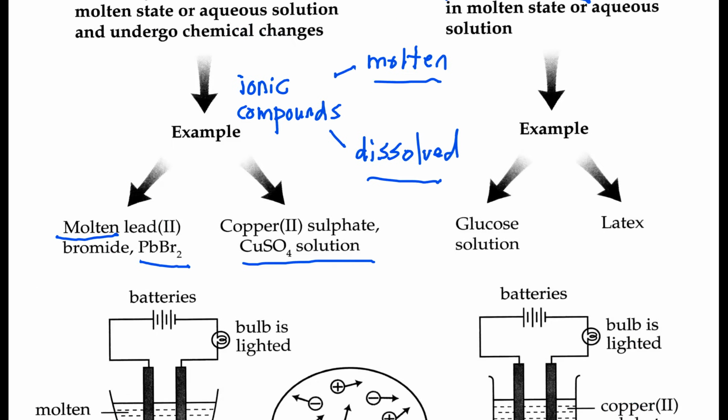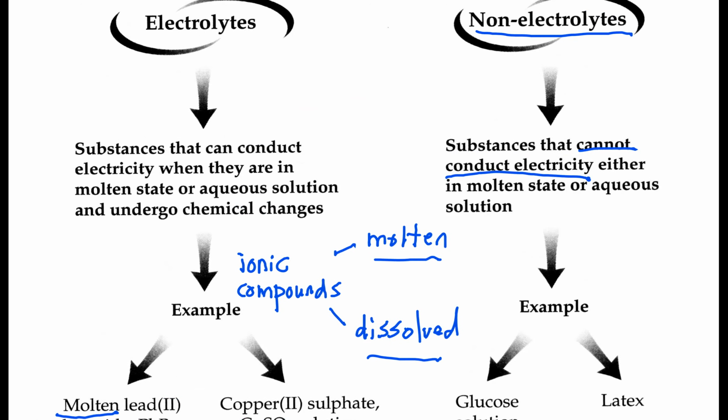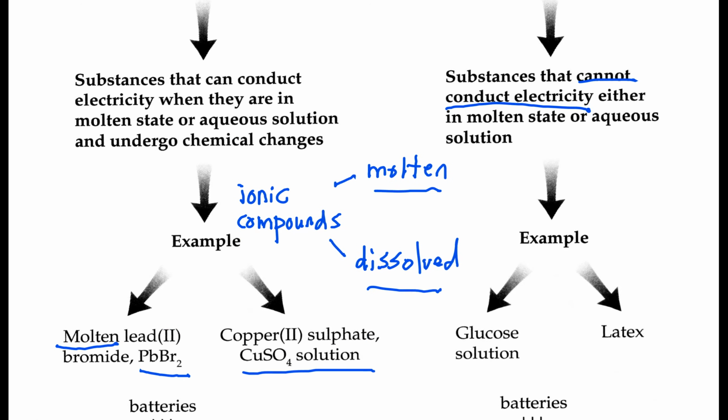Finally, we look at non-electrolytes. Non-electrolytes are usually covalent compounds because covalent compounds have absolutely no ions, so they will not be able to conduct electricity under any circumstances.